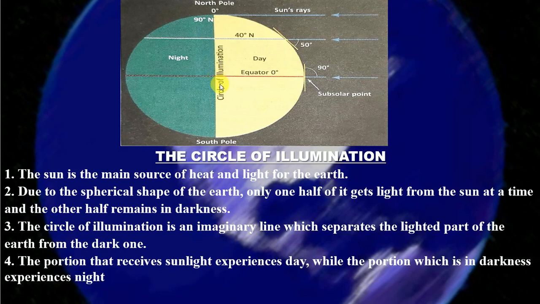Circle of illumination is an imaginary line which separates the lighted part of the earth from the dark one. Thus the portion of the earth that receives sunlight experiences day, and the portion which is in darkness experiences night.